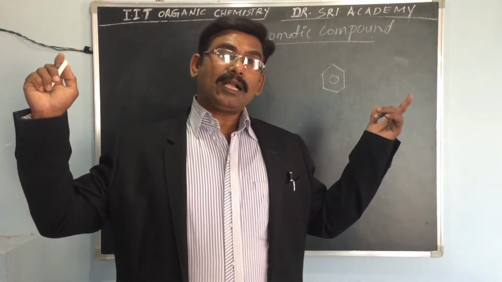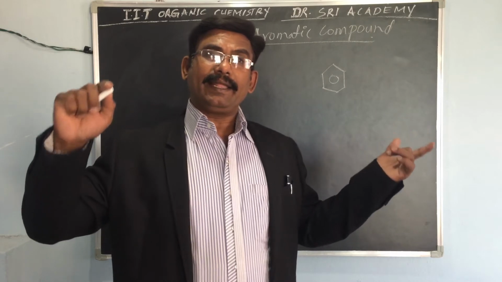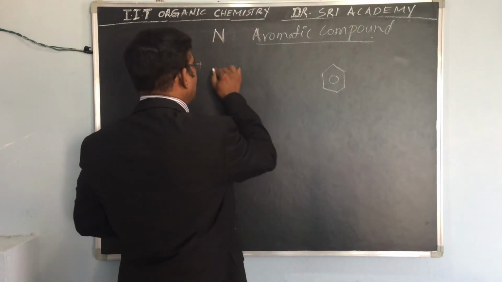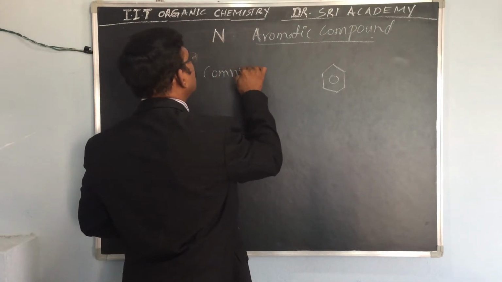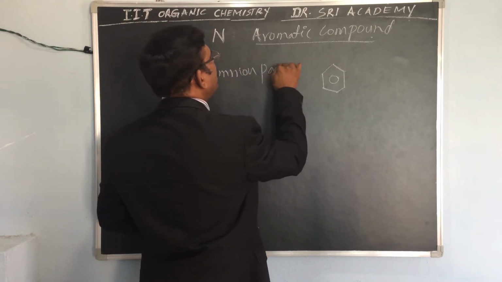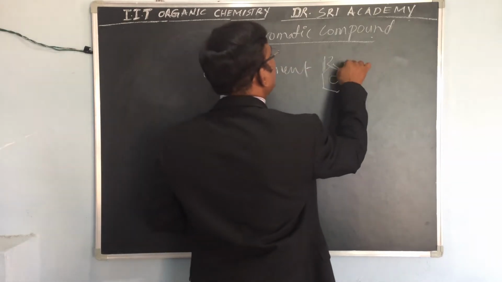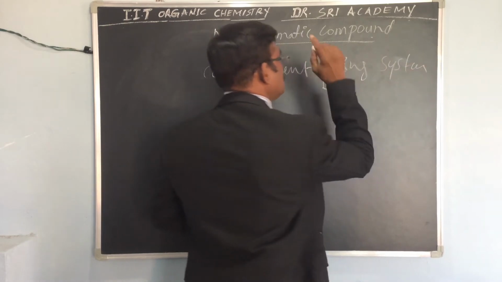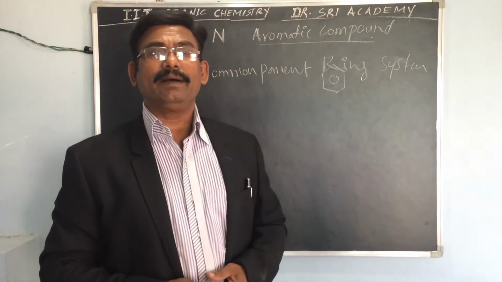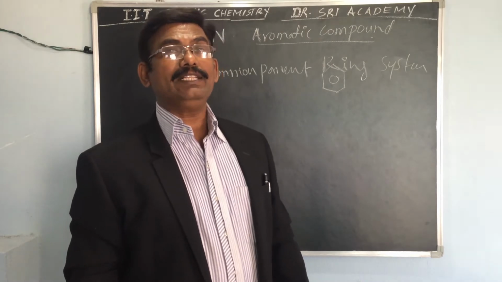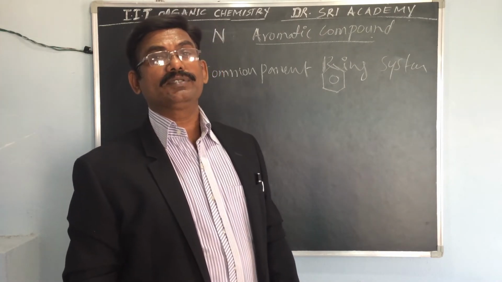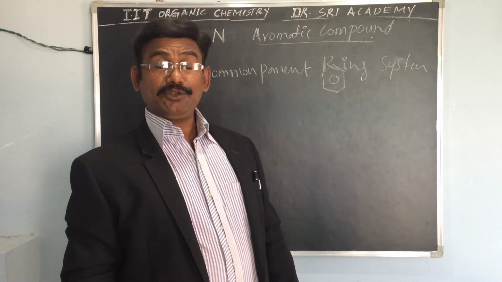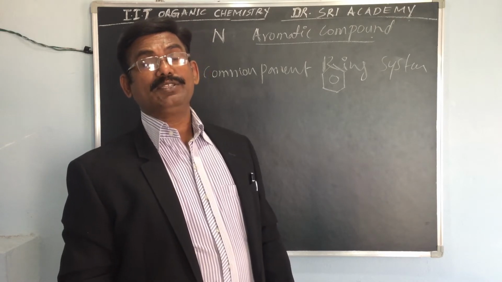So the common parent ring system, what is that? Ring means this one, the benzene ring system. Aromatic compounds are benzenoid and non-benzenoid.